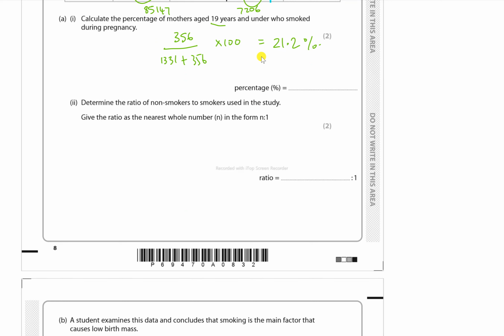So we write it non-smokers to smokers. So 85,147 to 7,206.